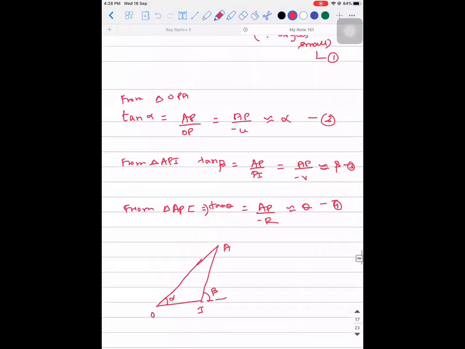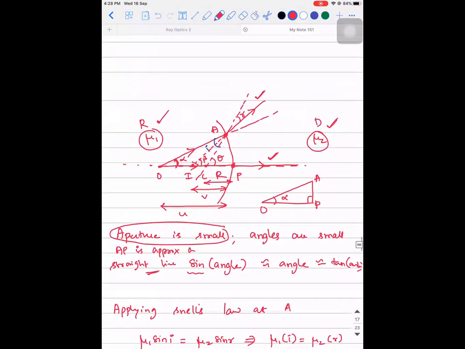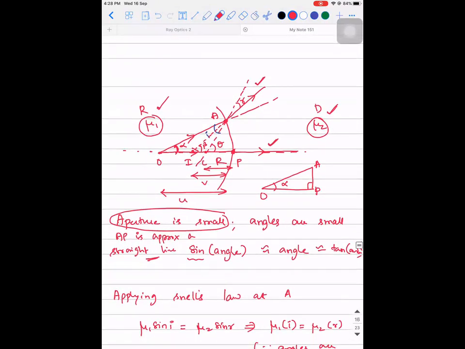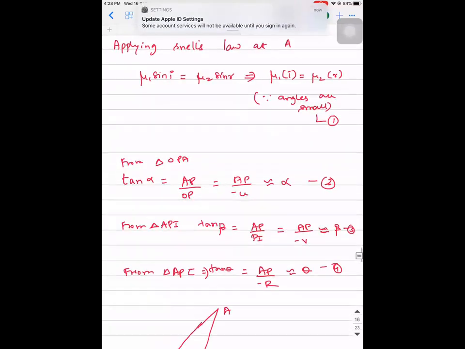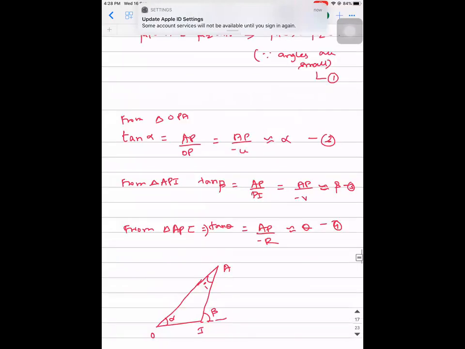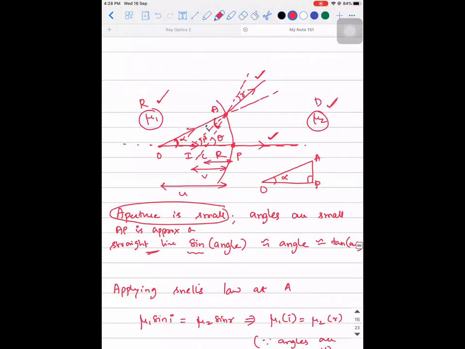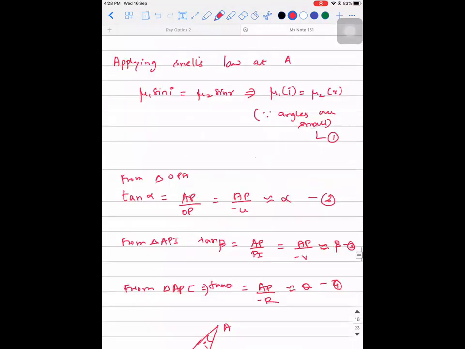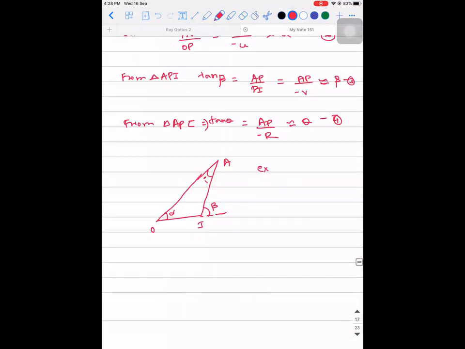Then what is angle IAO? Look at the diagram. This is i. So we know that the exterior angle is equal to the sum of the opposite interior angles.